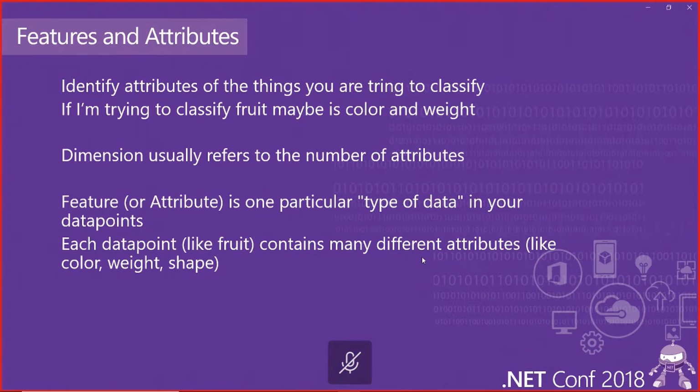A feature or attribute is one particular type of data, and generally these are called data points. One data point identifies one object, in this case a fruit, and it contains many different attributes, and usually the attributes are a lot.